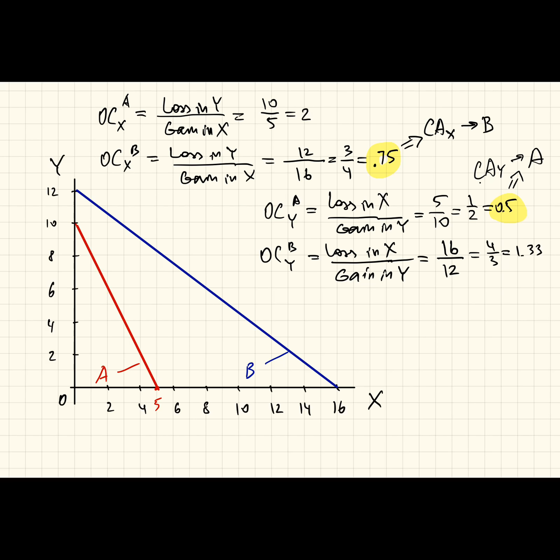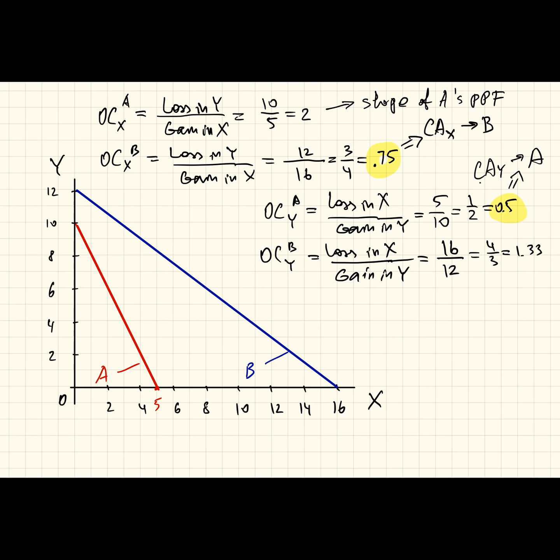Again, because opportunity cost of the good on the horizontal axis is equivalent to the slope. Actually we can write it down right here. It's equal to slope of person A's PPF. Then again, you can just eyeball these two PPFs, and whichever is flatter tells you which person has comparative advantage in producing good X.